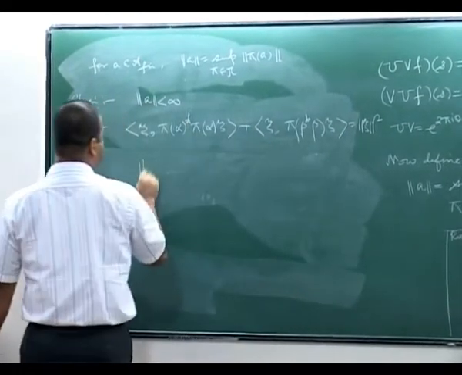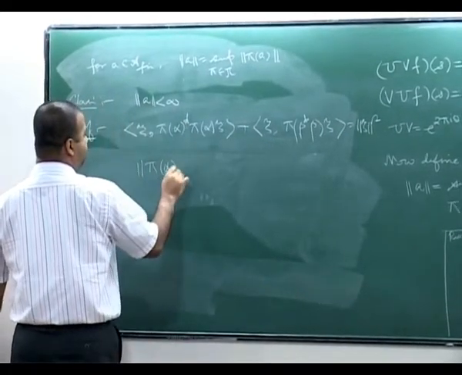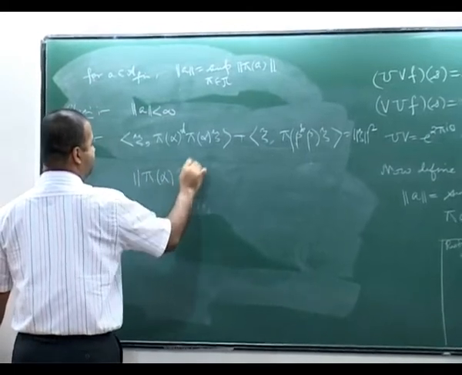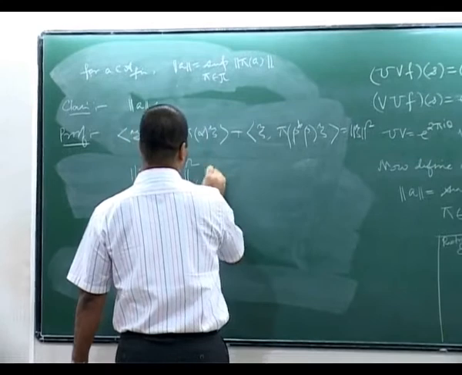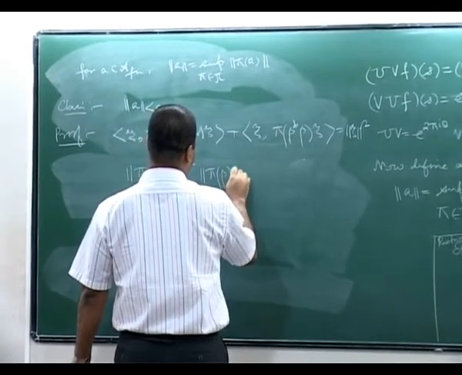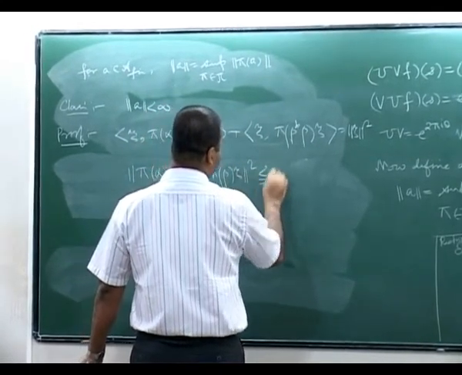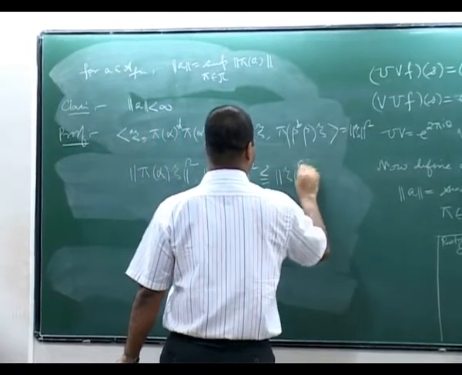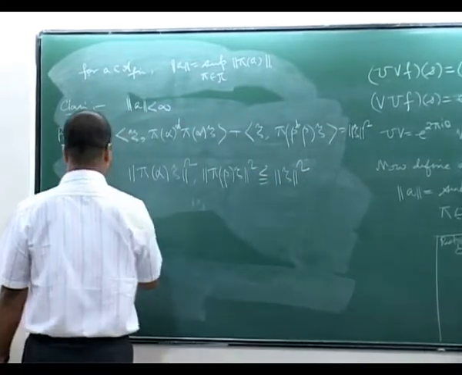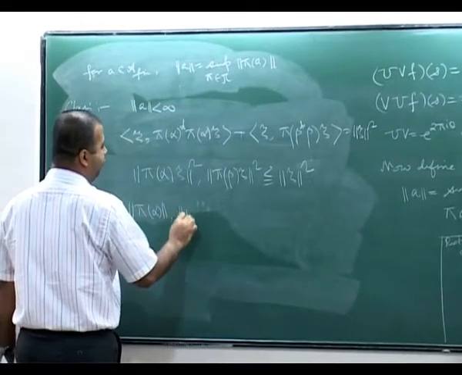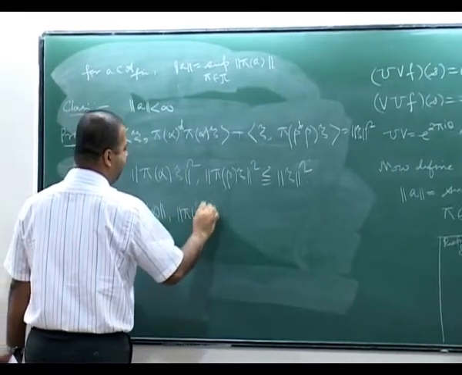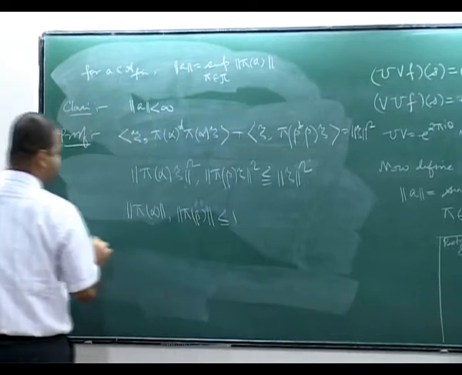So this is norm pi alpha xi square, this is norm pi beta xi square. So from this you conclude both these quantities are bounded. So norm pi alpha, norm pi beta, both are less than or equal to 1.